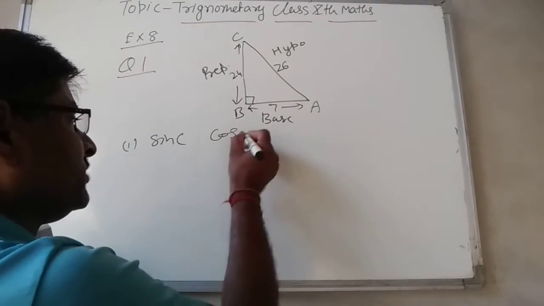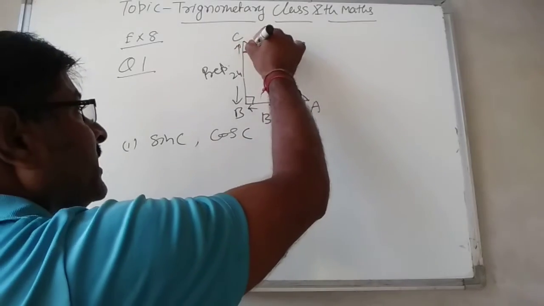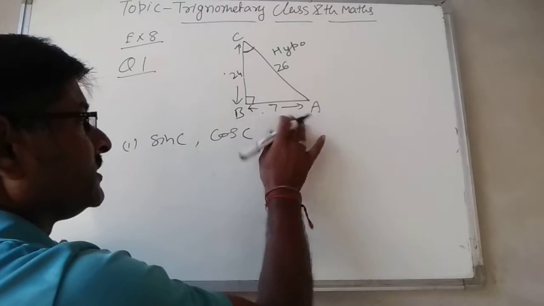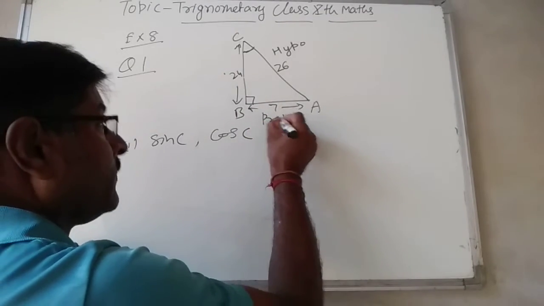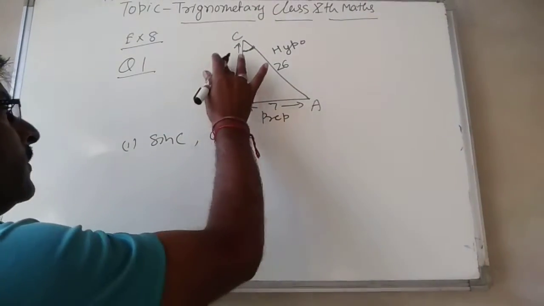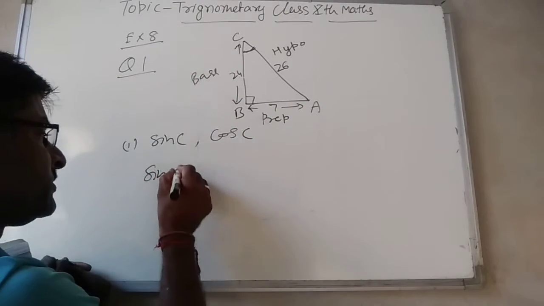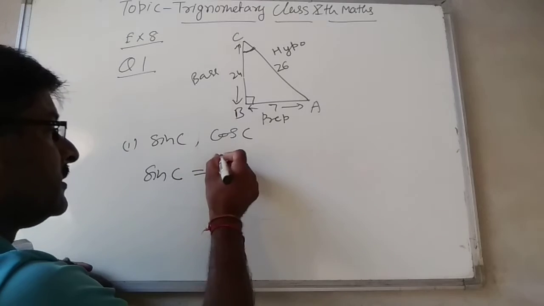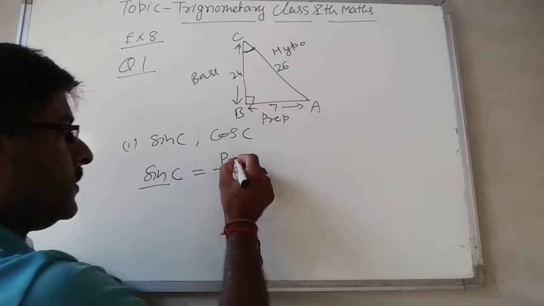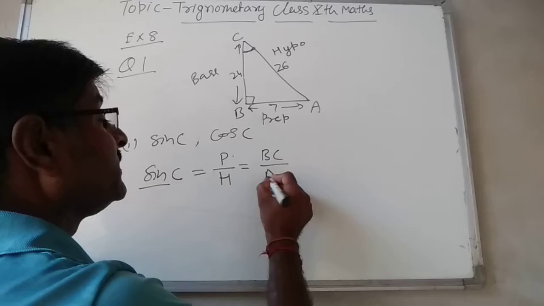So now we have to find the ratio with respect to angle C. As angle is changed, as I told you initially, perpendicular and base will change their positions. This becomes perpendicular because angle is always formed by the base and the hypo. So this is base now. So you can find the ratio in respect of angle C. So sin C, you know that the ratio for sin is P upon H. So here P becomes BC upon AC.